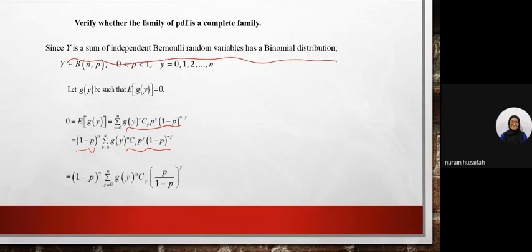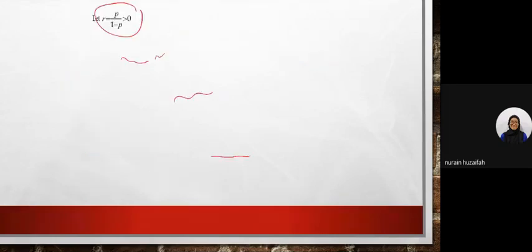Second, show that it is a complete family. When you want to show that the family of PDFs is a complete family, that means the family of your sufficient statistic. Because we already derived y equals summation xi, we have a family of binomial distribution. Then you again work out how to prove that the expected value of g(y) is equal to 0.